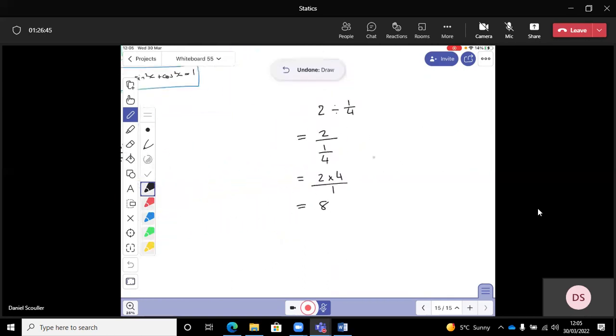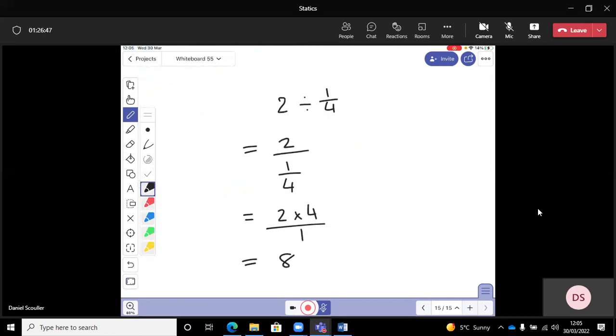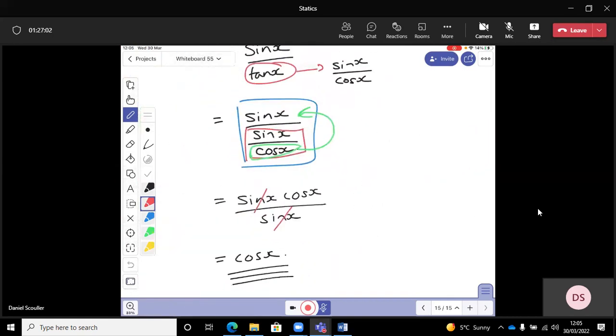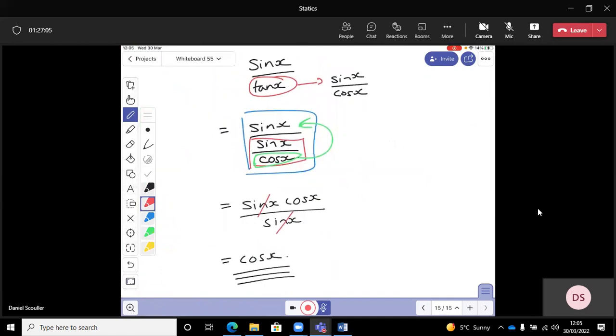If we've got 2 divided by 1/4, that 4 can come all the way up to the top, and we get left with that. That's all we've done here as well. That is the end of the question paper. Full marks.